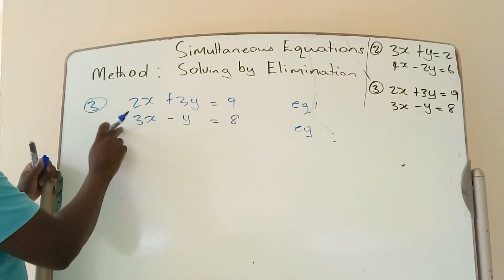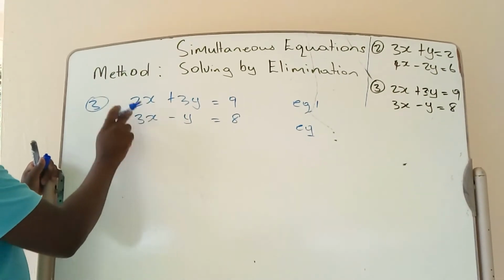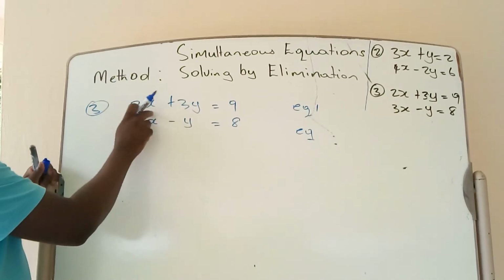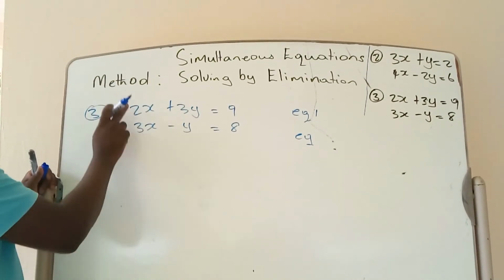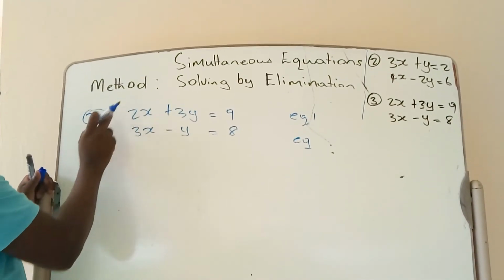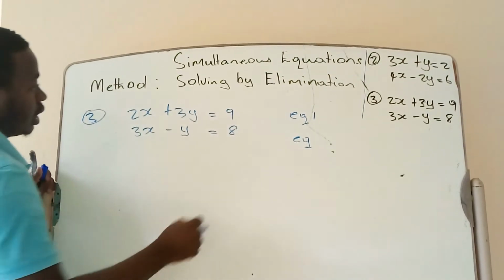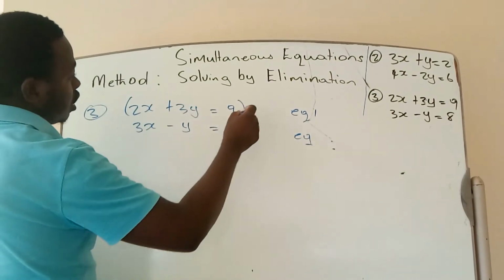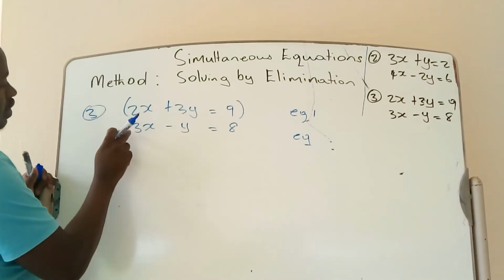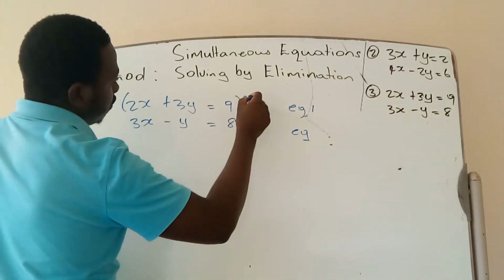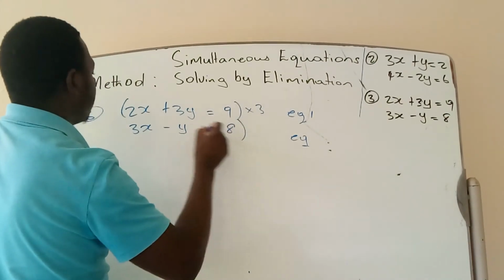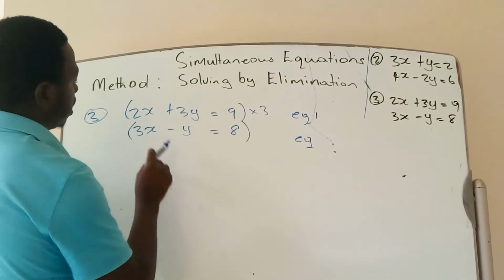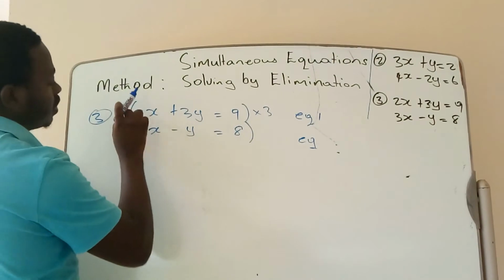So here, on the x coefficient I have 3, and on the x coefficient for this term I have 2. How can I get these two coefficients to be the same? Well, I can multiply all of this equation by the coefficient of this x term, which is 3, and I can multiply all of this equation here by the coefficient of this term, which is 2.